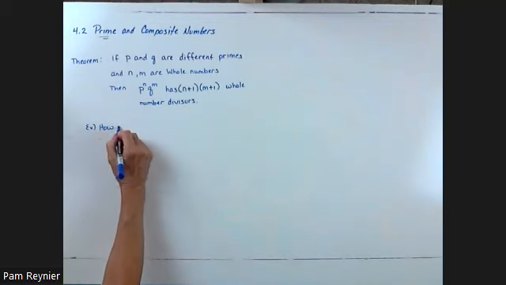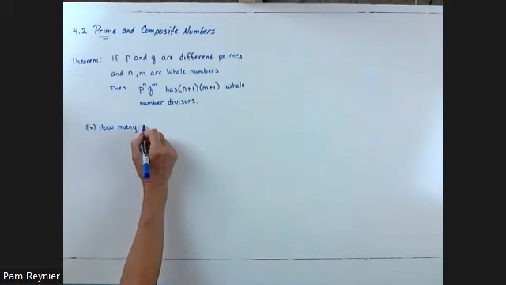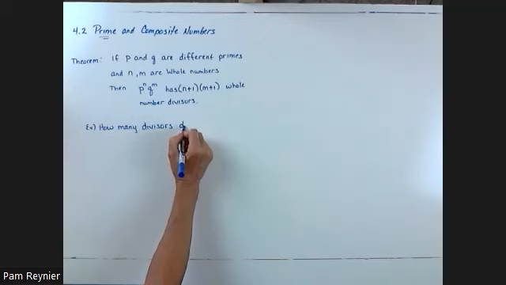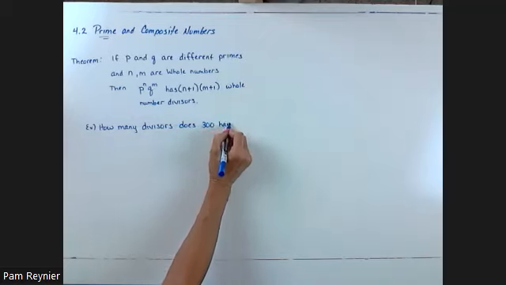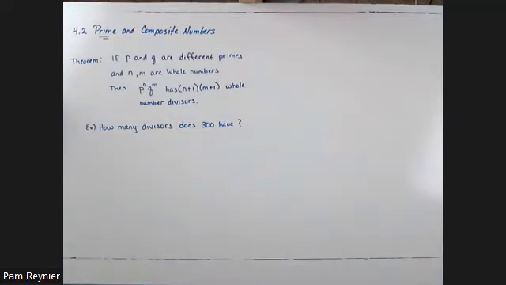In other words, if you want to write it down, how many positive numbers go into 300 evenly? Well, you could start listing them, but we could also first determine how many we're supposed to have.